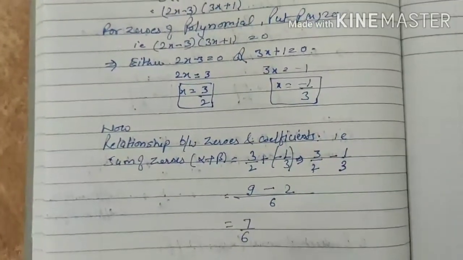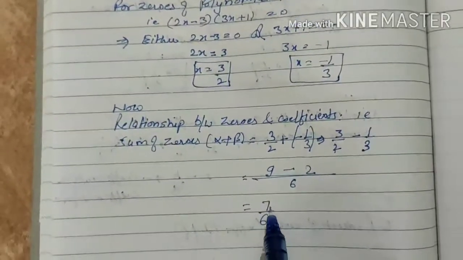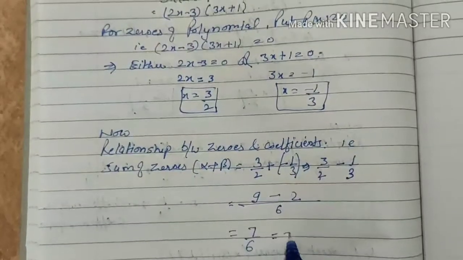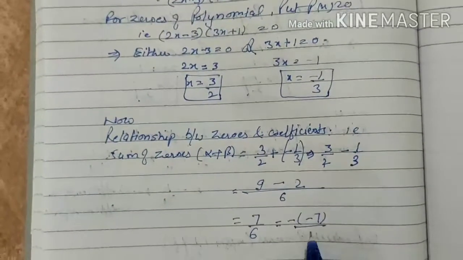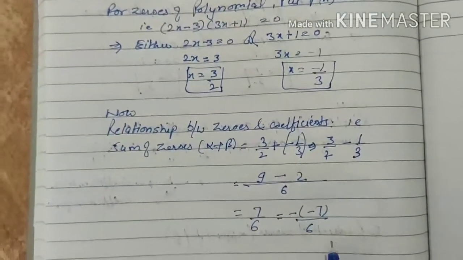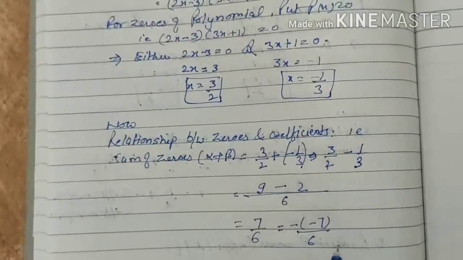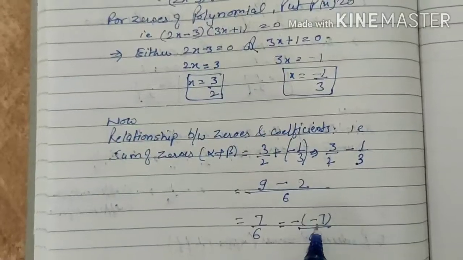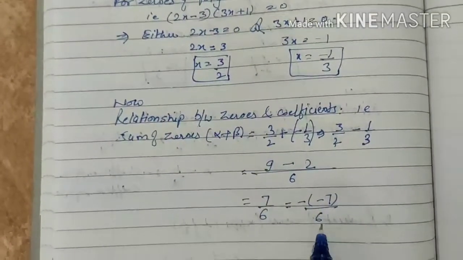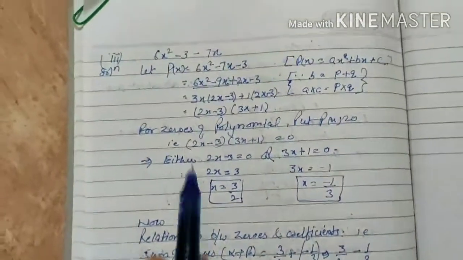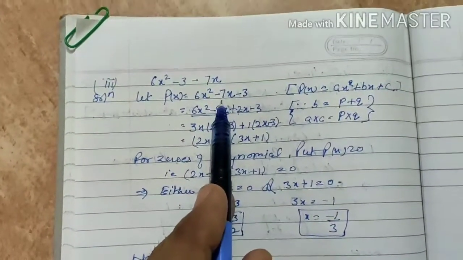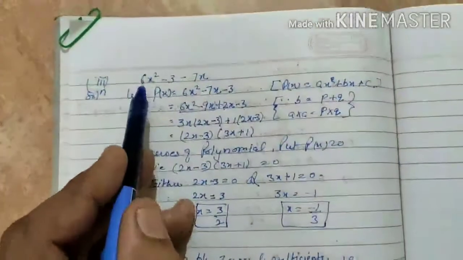You can see this 7 by 6 can be written as minus of minus 7, and 6 will remain the same. Why am I writing this? As we are finding the relationship between zeros and coefficients. So minus of minus 7 will become plus 7 and 6 will remain the same. Here you can see minus 7 in the given polynomial is b, and 6 is a.